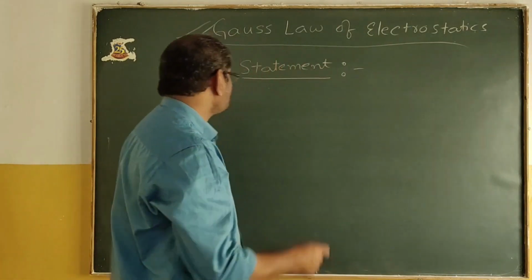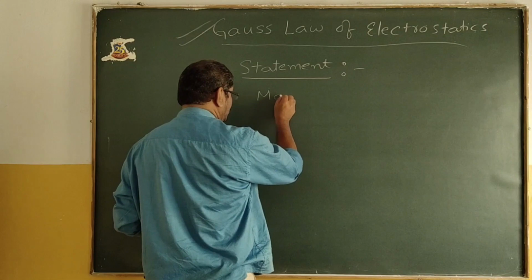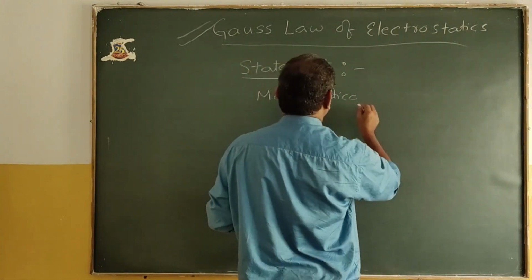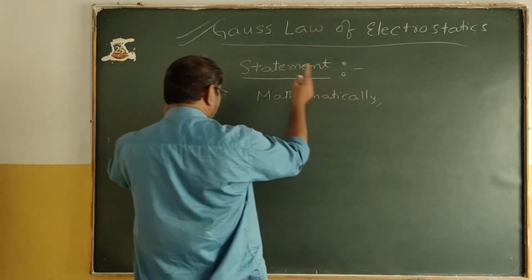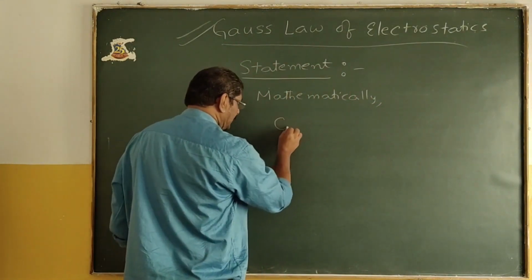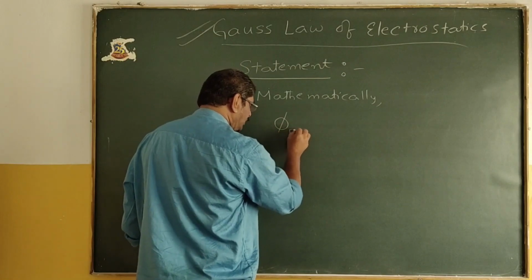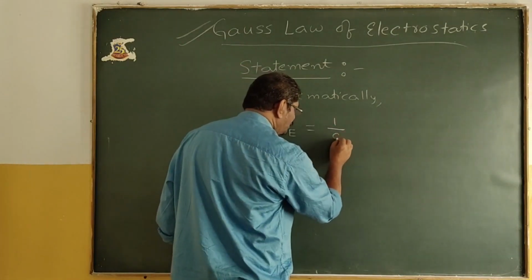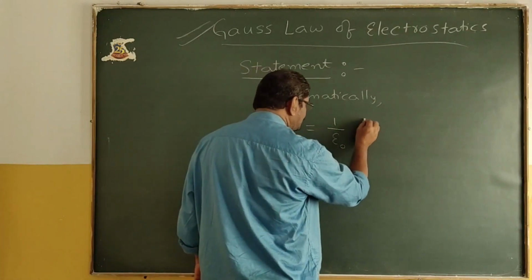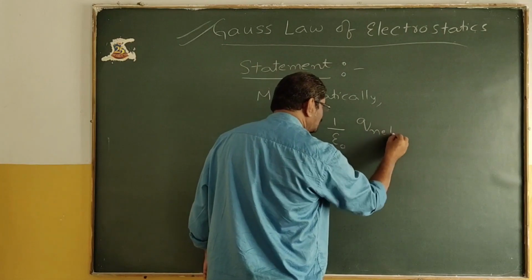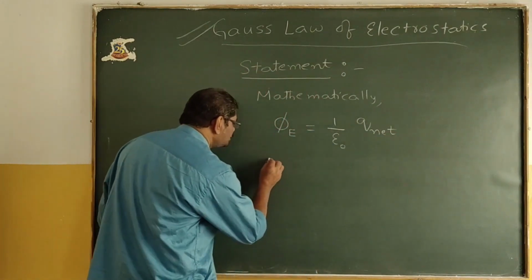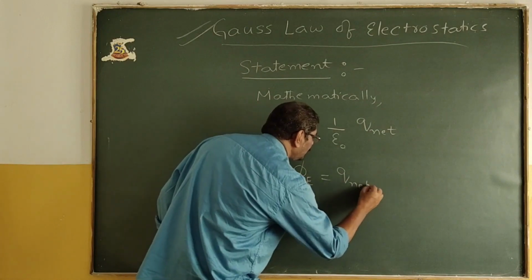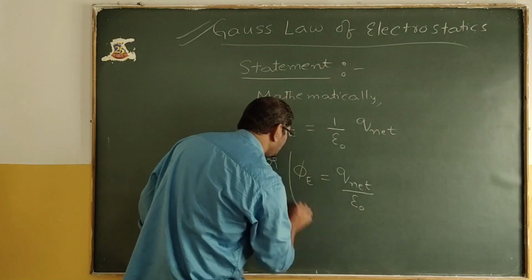Mathematically, I can write the Gauss law: the total electric flux phi E will be numerically equal to 1 by epsilon naught times the net charge enclosed by the Gaussian surface, or phi E equals Q net divided by epsilon naught.